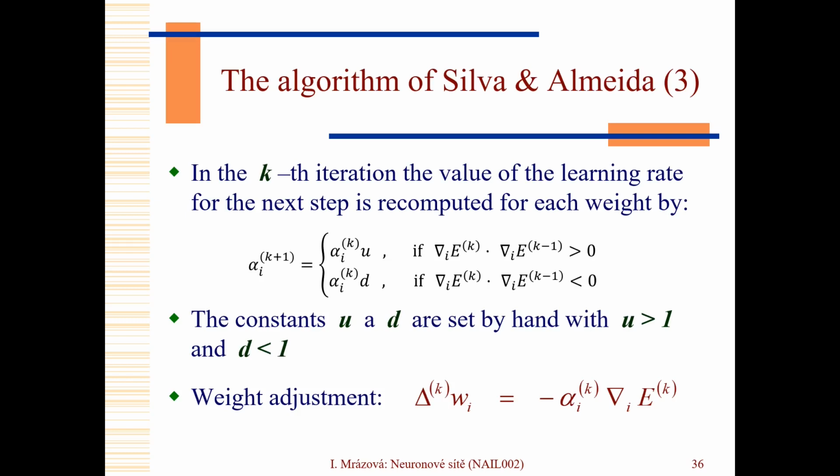Then we shall decrease the steps. So the parameter alpha i at iteration k will be multiplied by d, where d is meant for decrease.